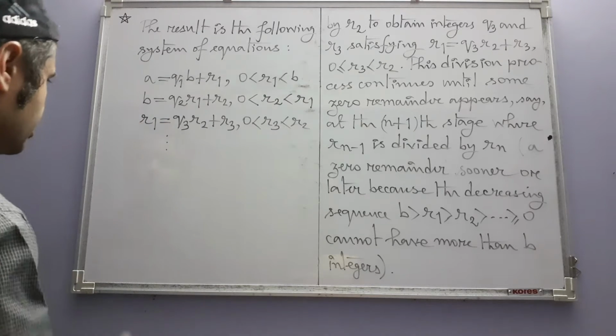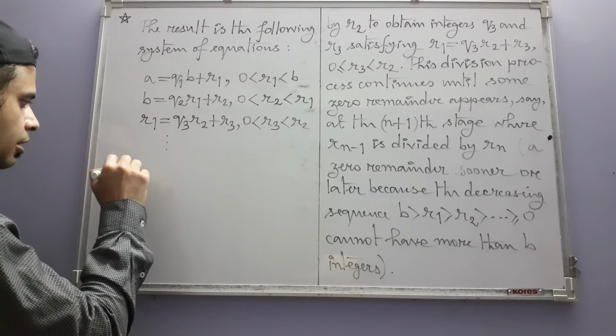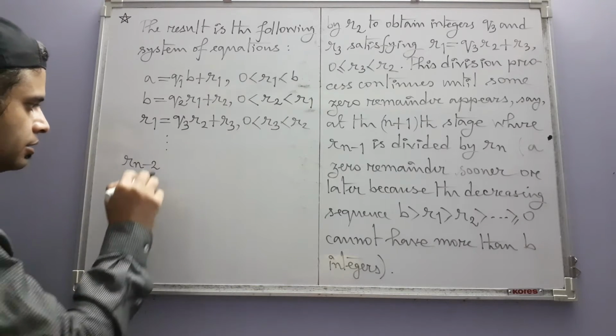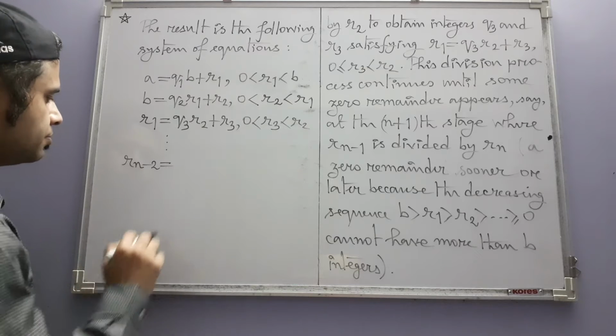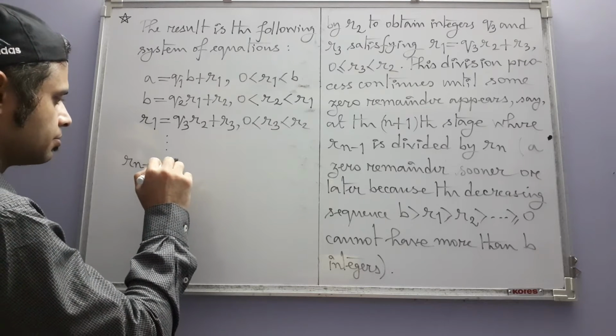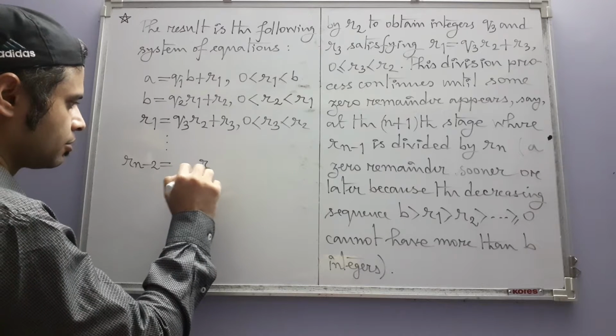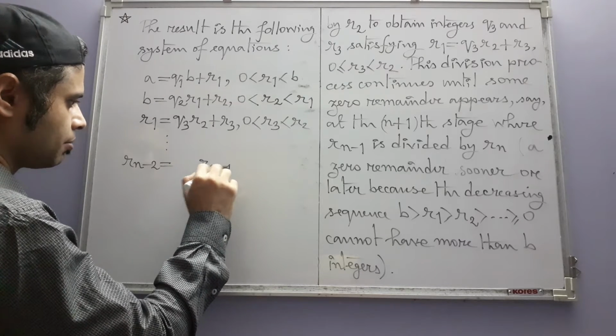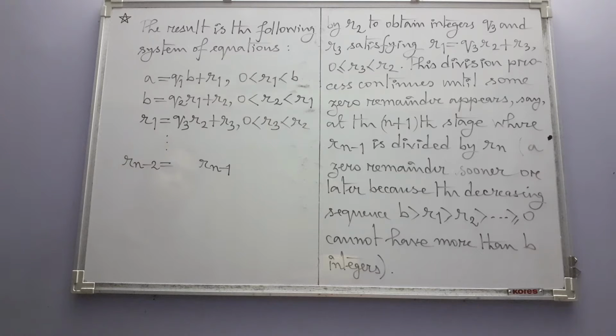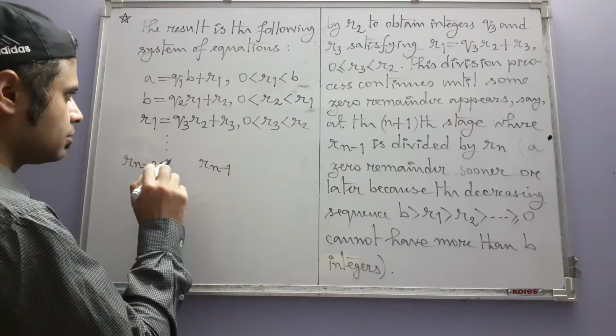Eventually at one stage we reach Rn minus 2, which is now divided by Rn minus 1.